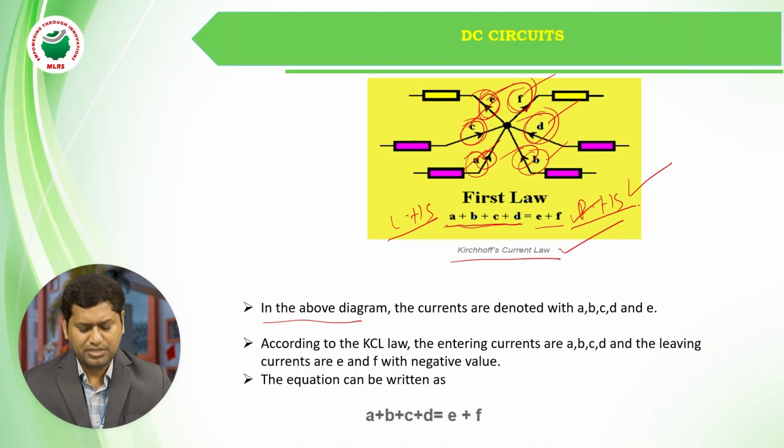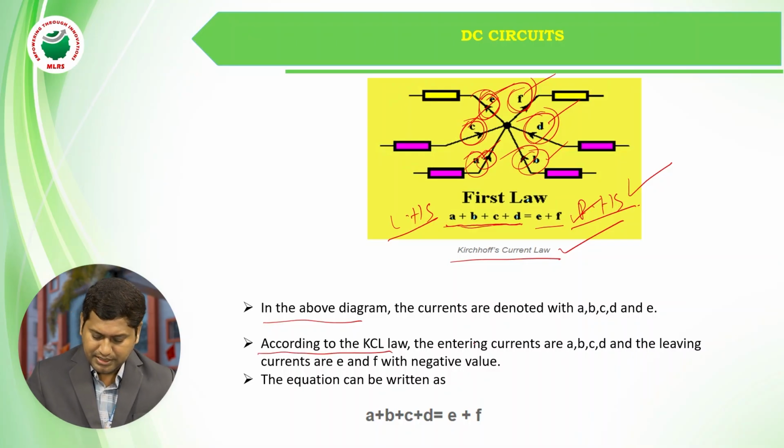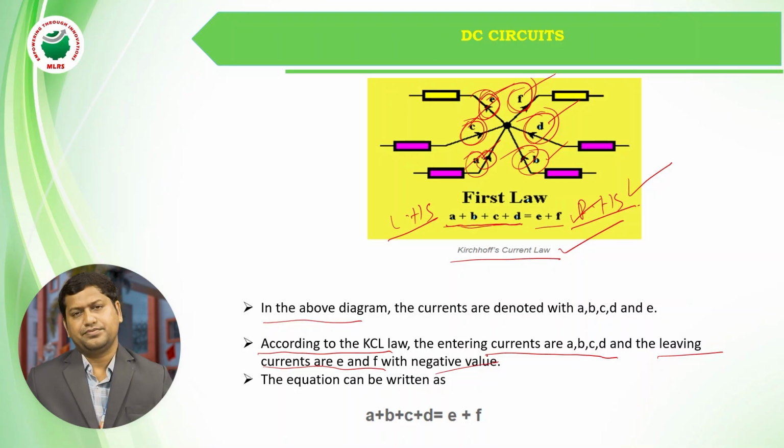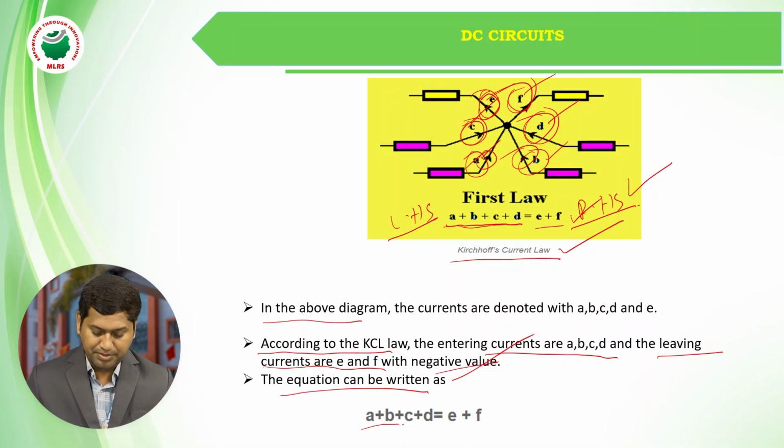So the conclusion is that Kirchhoff current law says the currents entering the node must be equal to the currents leaving the node. According to the case here, entering currents are A, B, C, D and leaving currents are E and F with a negative value. So the equation can be written as A plus B plus C plus D equal to E plus F, LHS equal to RHS.